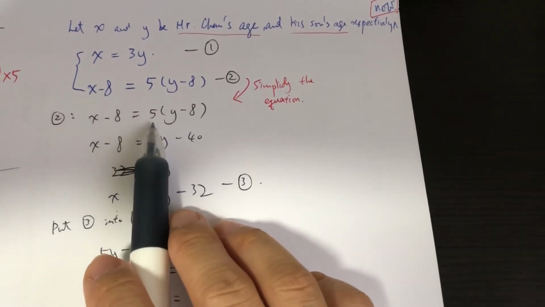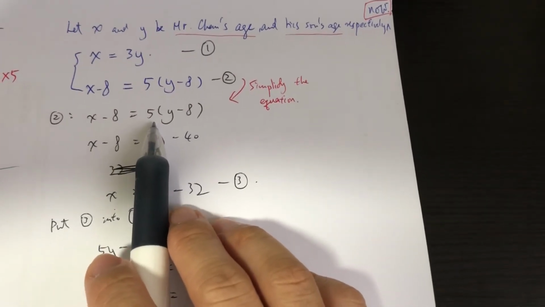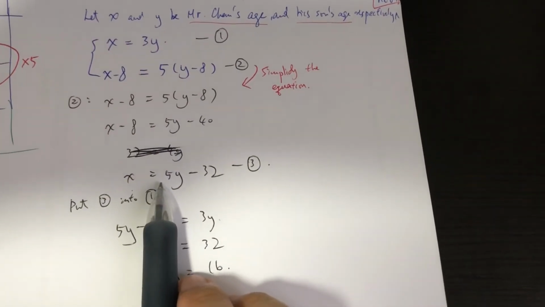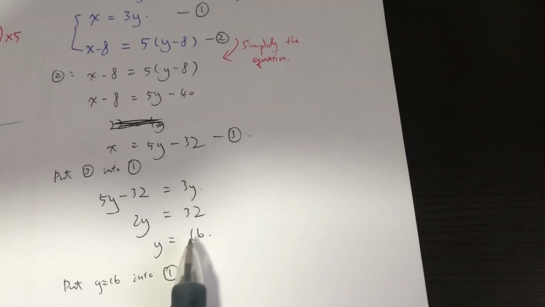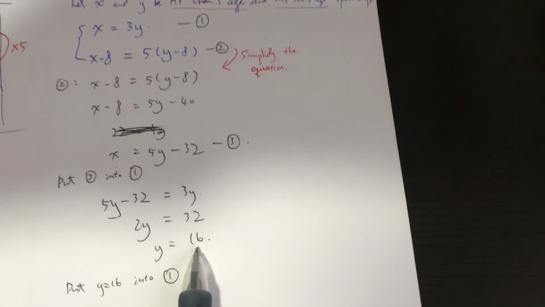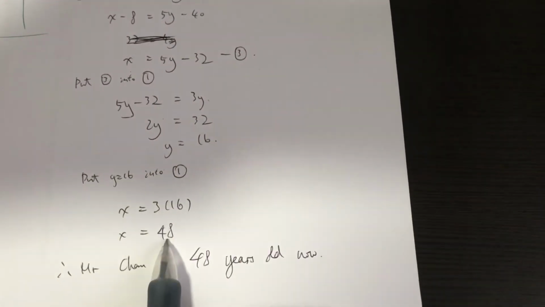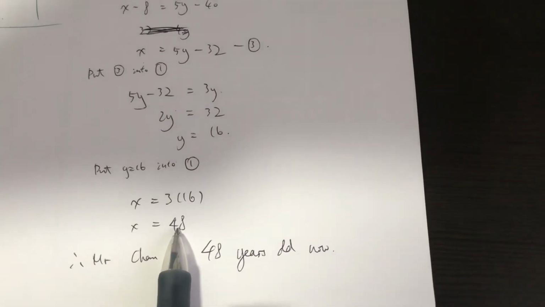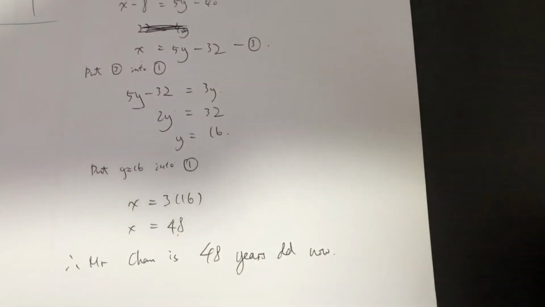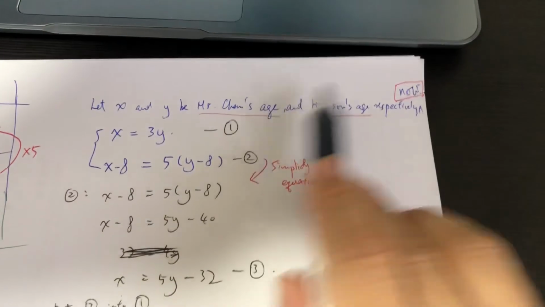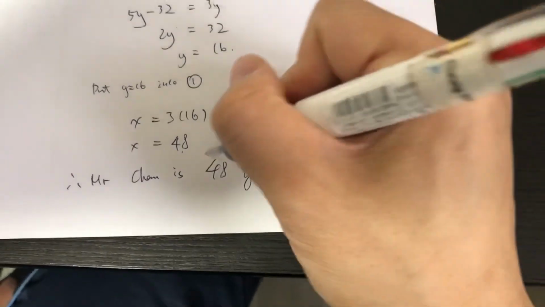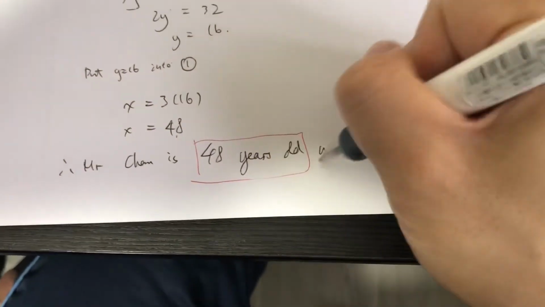Before that, we simplify the second equation. Then we combine them to find the value of y, that is his son's age. Finally, we find Mr. Chan's age now.